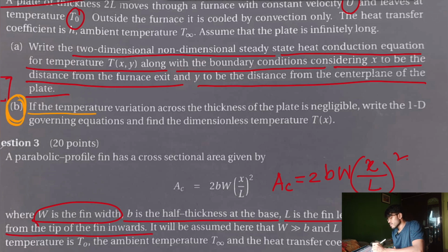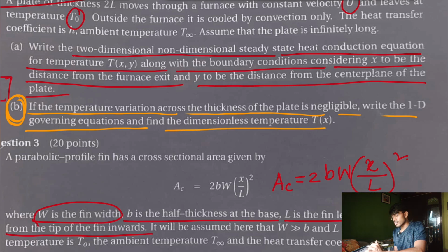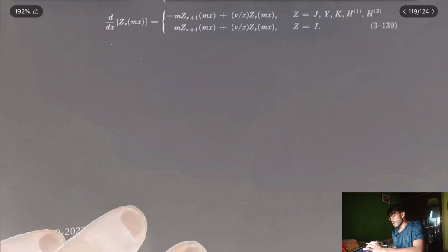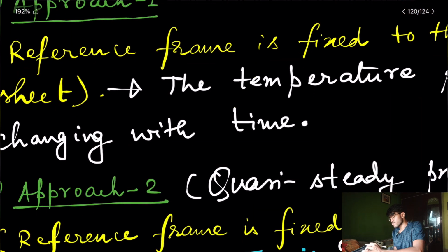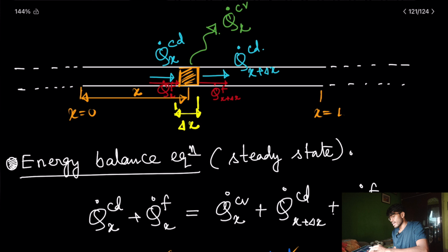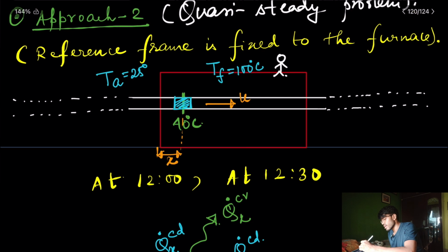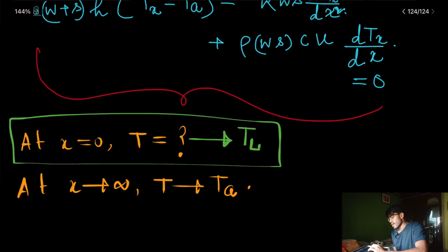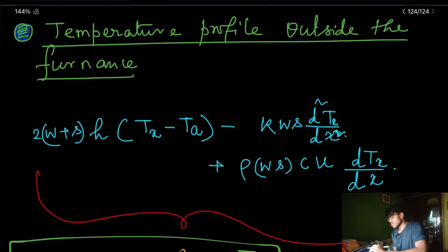That is, if the temperature variation across the thickness of the plate is negligible, then write the 1D governing equation and find the dimensionless temperature Tx. So in the second part of the question, it is saying that if the temperature variation across the thickness is negligible, then write the 1D heat conduction equation, and that will be nothing but this one.